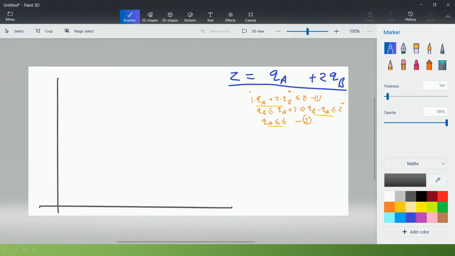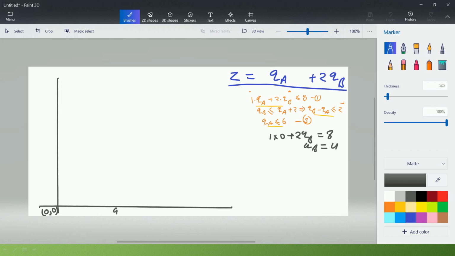So the first equation is QA plus 2QB equal to 8. So if I put QA equal to 0, 1 multiplied by 0 plus 2QB equal to 8, I will get QB equal to 4. Okay.